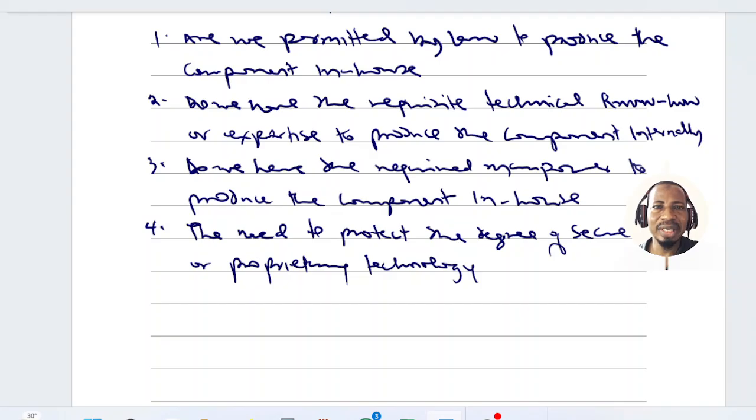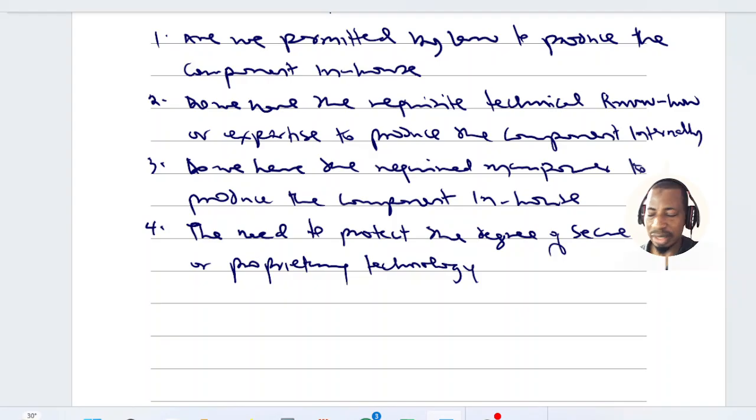And how are you sure that the supplier is going to guard jealously the degree of secrecy underlying your product? So if you take this particular factor very seriously, then the company may decide to just produce it internally.